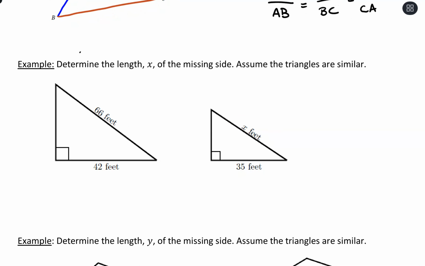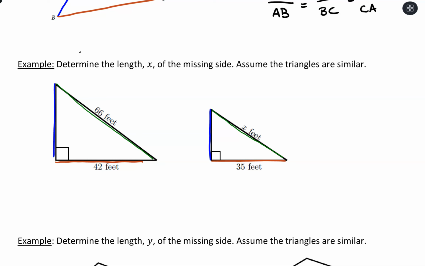So we want to determine this side length x using properties of similar triangles. We're assuming these two triangles are similar and they're nicely lined up for us. I'm just going to color this so I can see the pairs of our side lengths. Up above, we wrote it as a relationship of 3 pairings, but when we're solving, we just need 2.